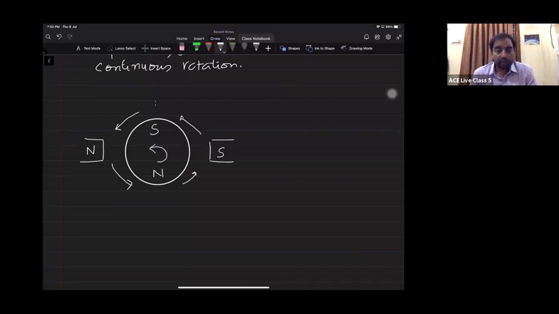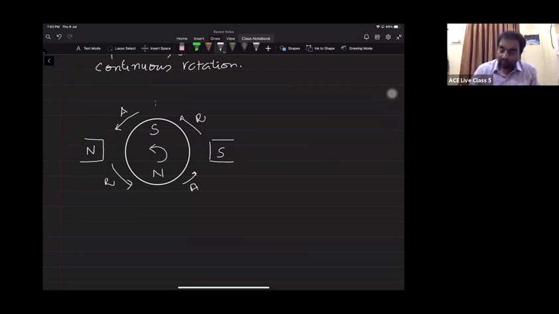So can I say if the poles are the same, then those attractive and repulsive forces are acting in the same direction, and hence those forces are additive, and hence the rotor, or the armature, or the rotating part continues to rotate? Right? Is it clear? Confirm me.